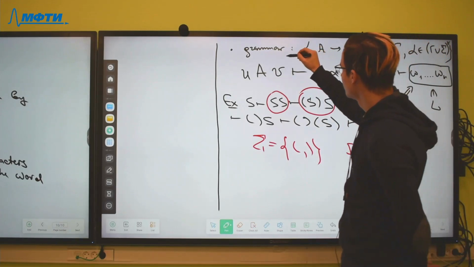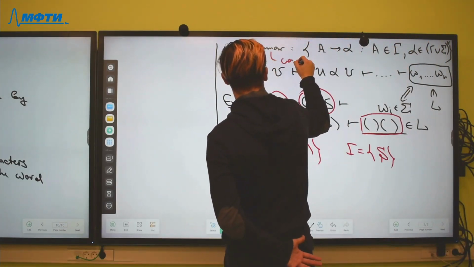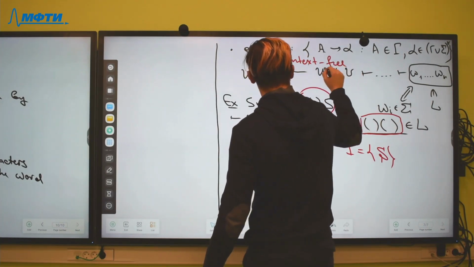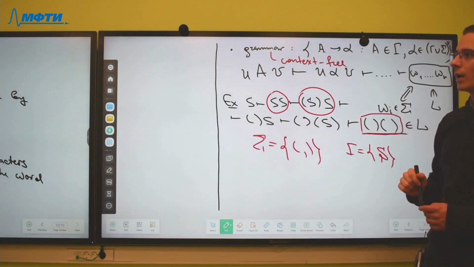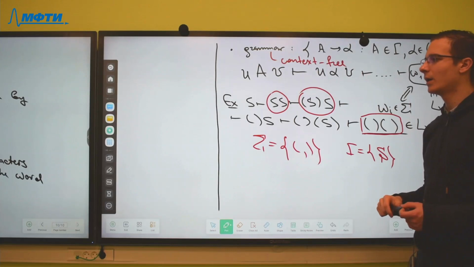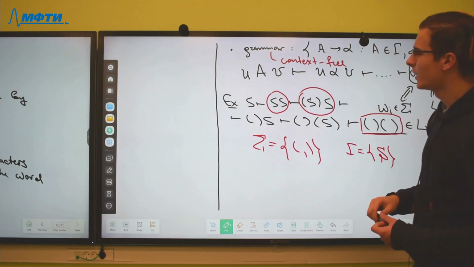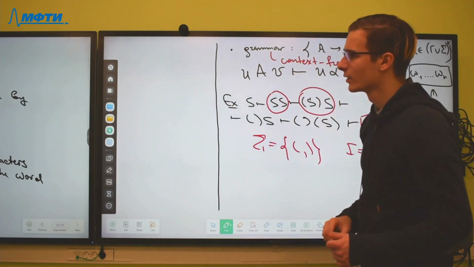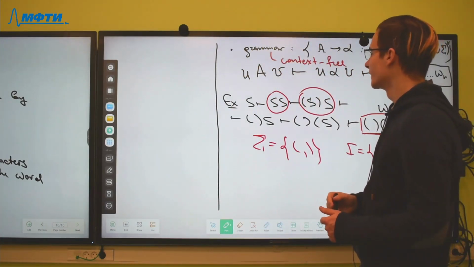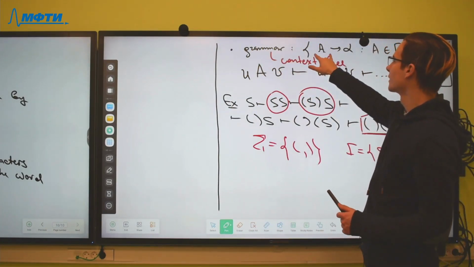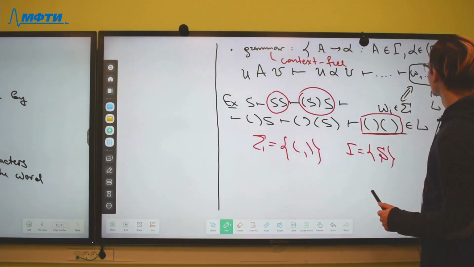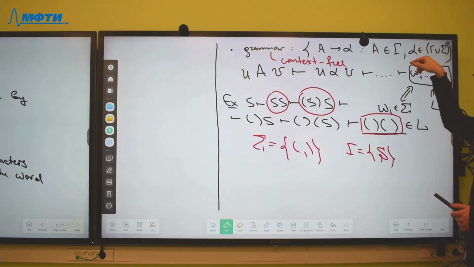So it is context-free grammar. And there are some other grammars, such as context-sensitive grammars, or in the common way, you can write here alpha and here write beta, that is the word from this set.